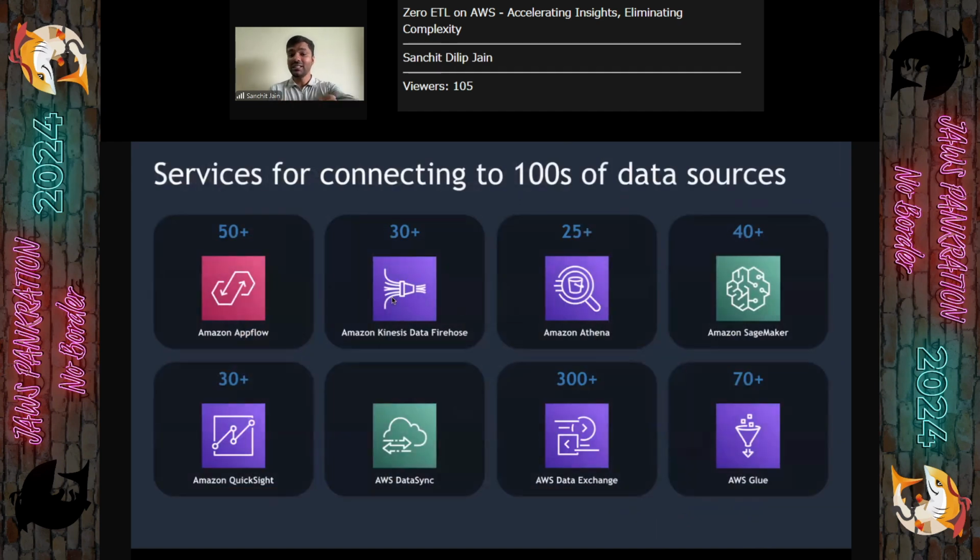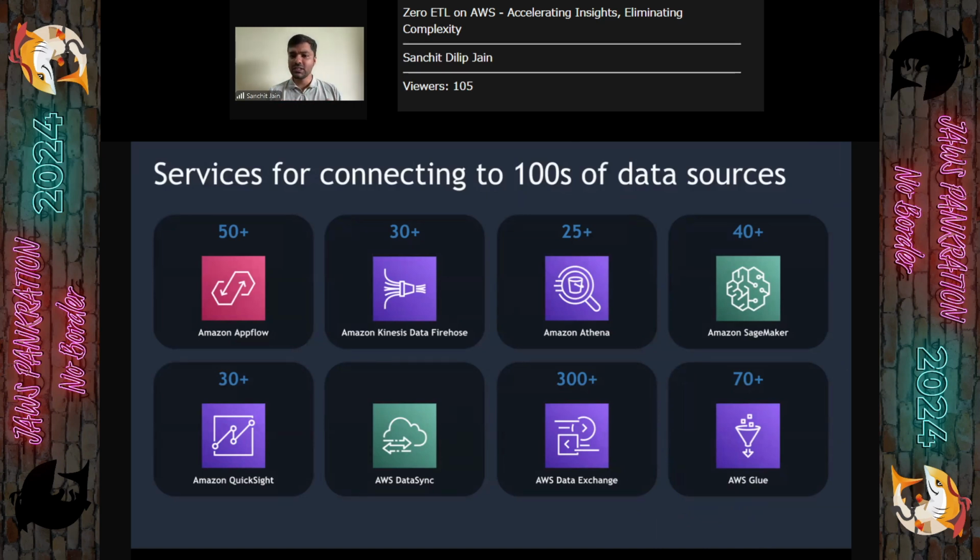Yes, this is a surprising slide for most of you, but AWS provides 500 different connectors to simplify acquisition and ingestion of data, so you don't have to write complex code.